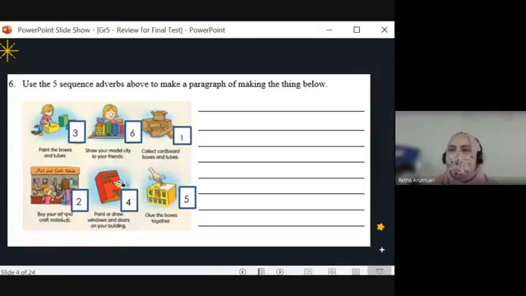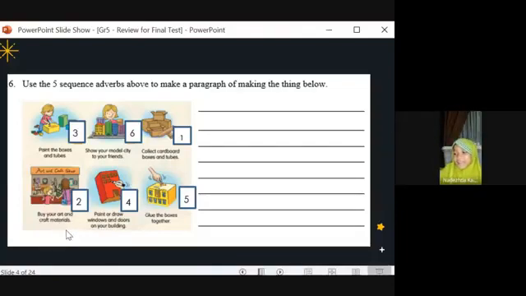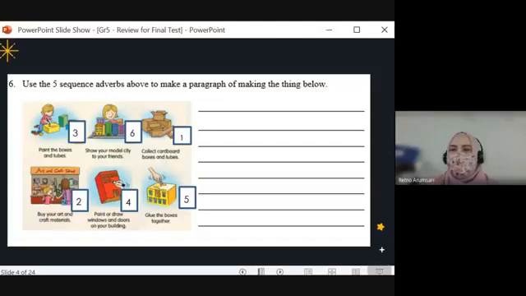This is the second step. Next, then buy your art and craft material. Do you agree with that, Maisha? Maisha uses then, Desda uses next. Are they both okay? Yes.